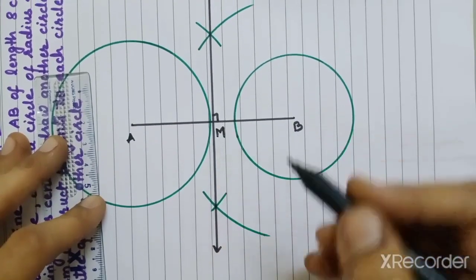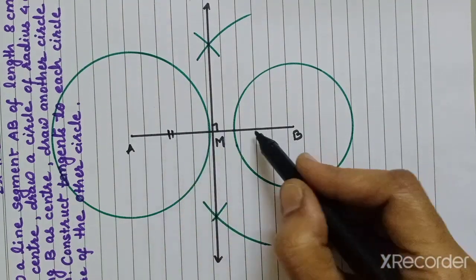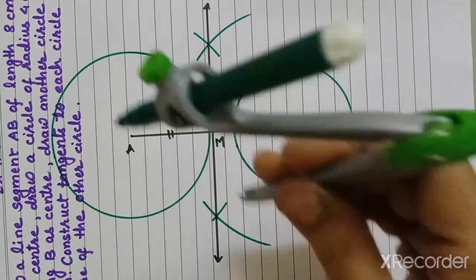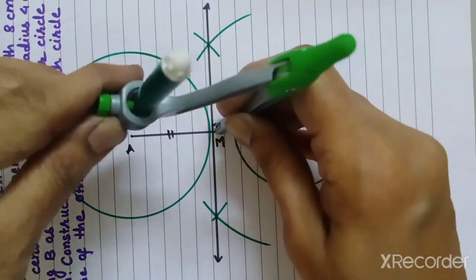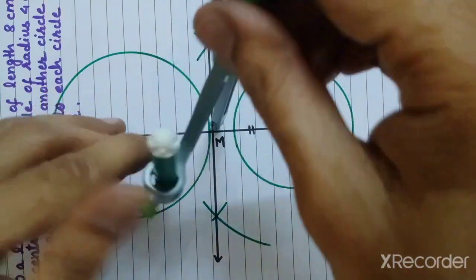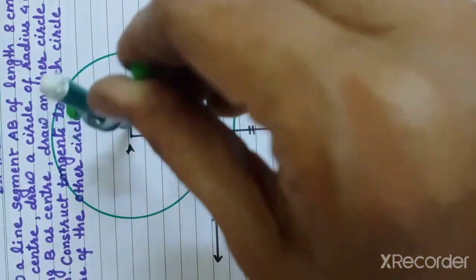Give this point as point M, midpoint of segment AB. So give these identical signs, right? Now with this M as a center and this AM distance as radius, either AM or BM, you draw a circle.